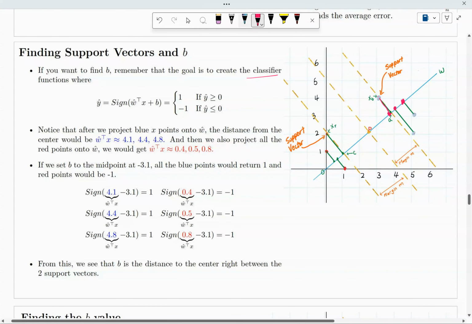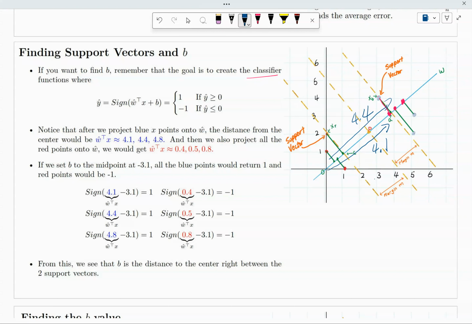Then the distance for all the blue points is approximately, the first one is 4.1, the second one is 4.4, and the third one to here, that distance is 4.8.